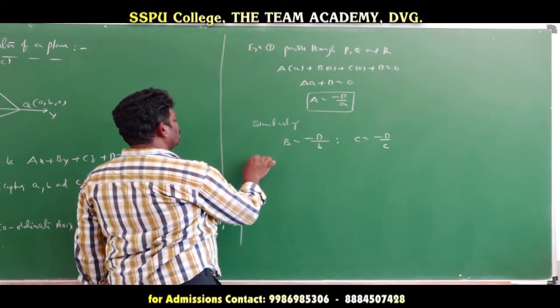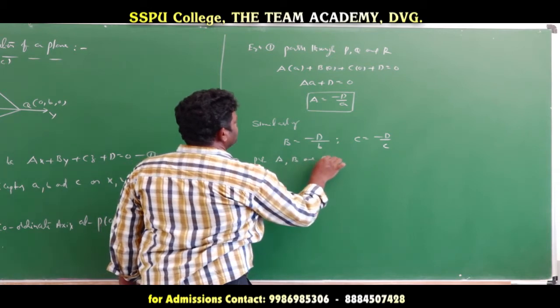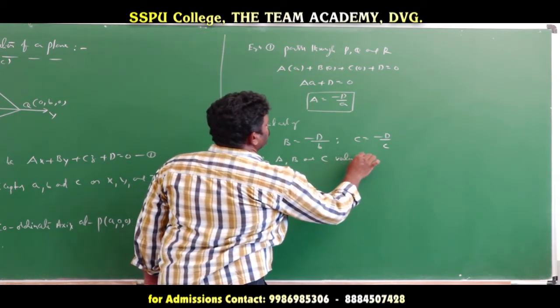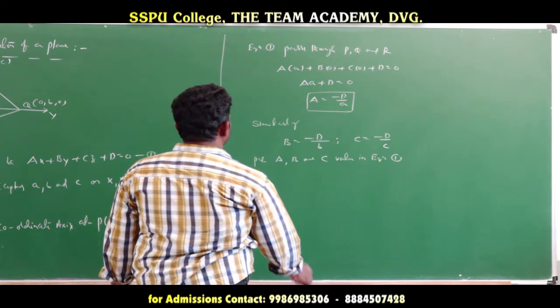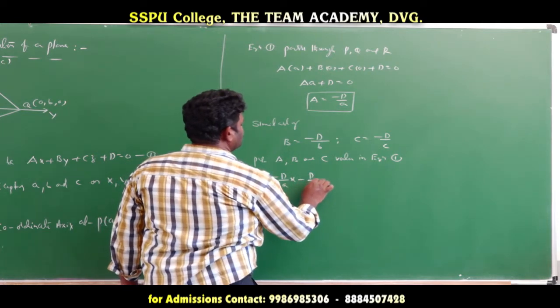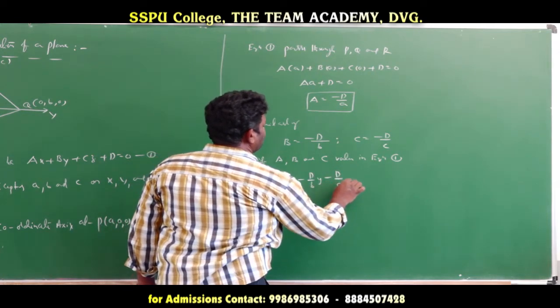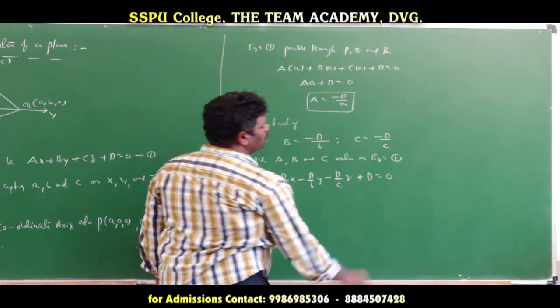Now put the a, b and c values in equation 1. Then equation 1 becomes minus d by a into x, minus d by b into y, minus d by c into z, plus d is equal to 0.